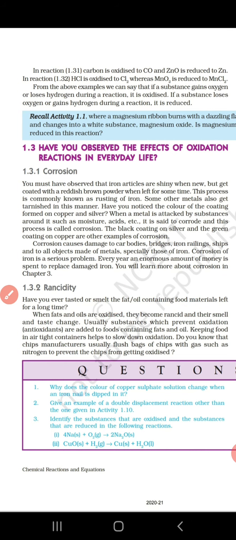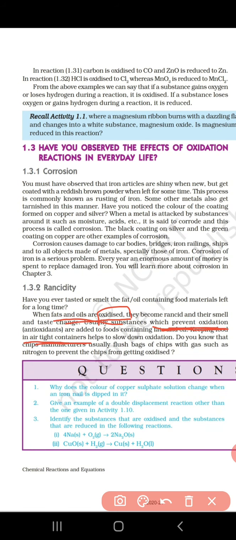Okay. Now for prevention of oxidation, what happens is these foods are oxidized. Why do they become rancid? Because the food is oxidized, they are exposed to atmosphere. After oxidizing, such foods are called rancid food. For prevention of oxidation, oxidation should not happen, it should be prevented, so that's why we keep such food in an airtight container.